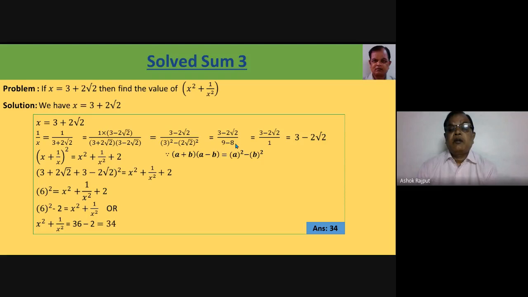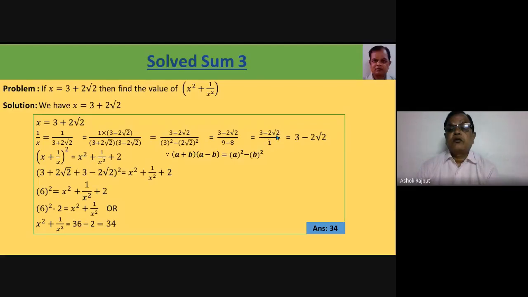Difference of 9 and 8 is 1. So we have written here 3 minus 2 root 2 by 1, because if we divide anything by 1 there is no change. So we have written here 3 minus 2 root 2. Here we are seeing it is the value of x and it is the value of 1 by x.